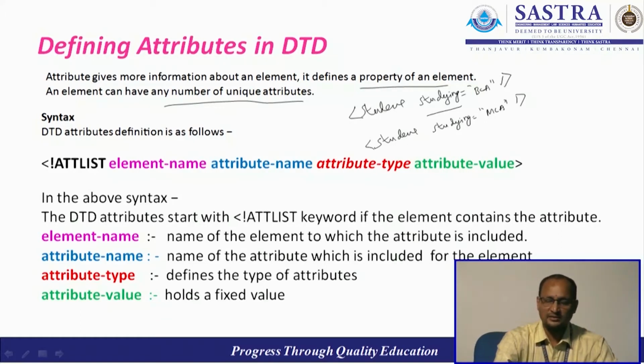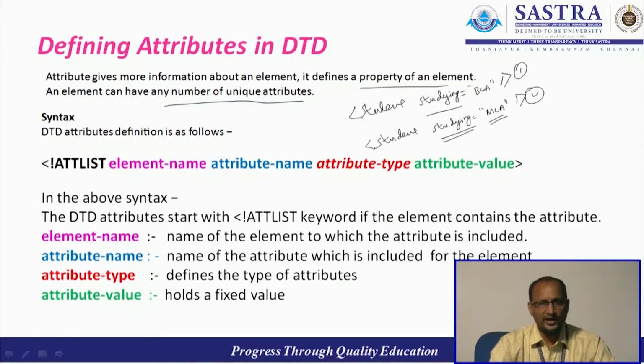I can repeat this attribute for another student element. This is one pattern of an XML document. Student has one attribute, which is studying, and the value is BCA for the first element and MCA for the second element in this example.